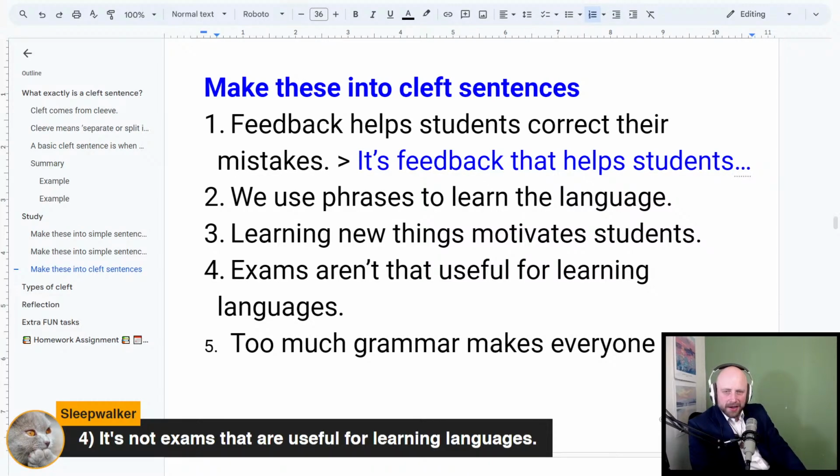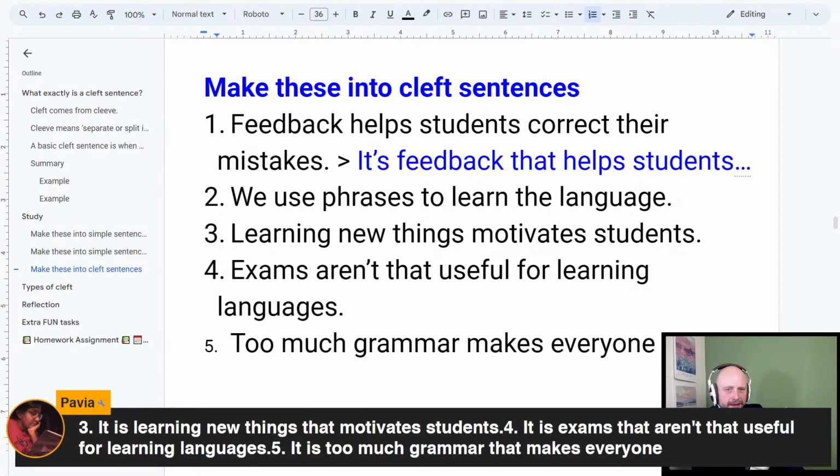It's not exams that are useful for learning languages. That's not quite right. What you've said is a bit different to what I said in number 4 there. There's a slightly different meaning there. Pavia says, it is exams that aren't useful for learning languages. No, that's okay. This is what I would say.